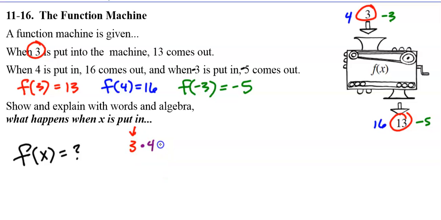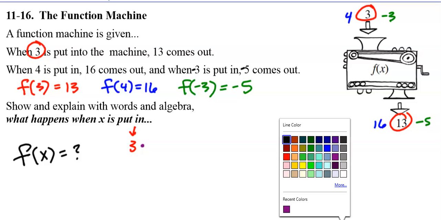Times 4 gives me 12, and plus 1 will give us 13. But now 4 times 4 is 16, that's not going to work. So we know it's not times 4.